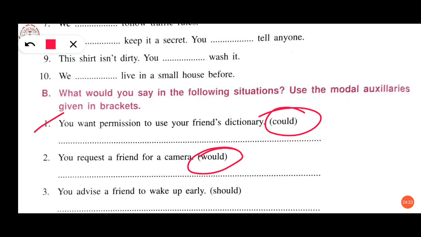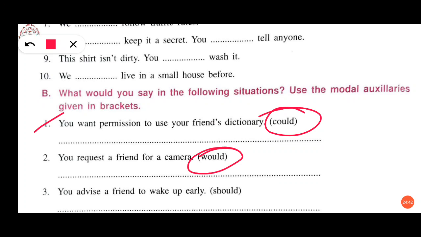How will you say this? By using could: could I use your dictionary?